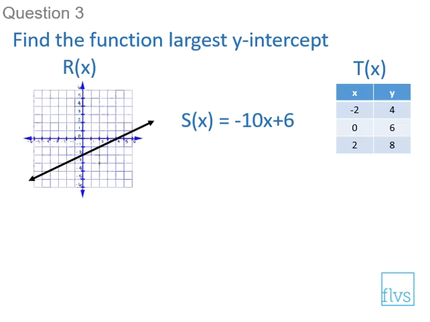All right, now we're going to find the function with the largest y-intercept. So for r of x, we can just look here, and we see that the y-intercept is at negative 2. Again, for s of x, this is our slope, and the 6 is our y-intercept.